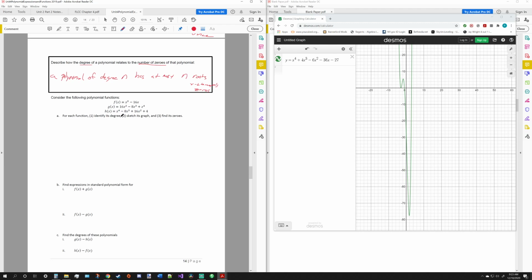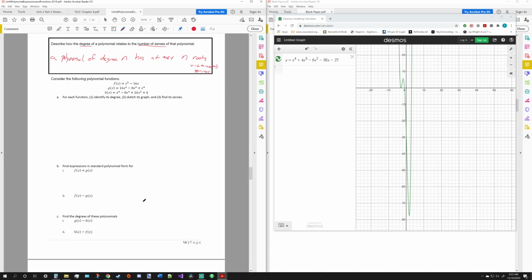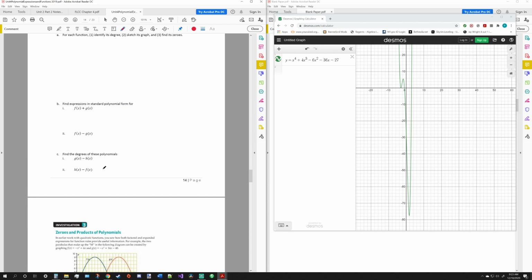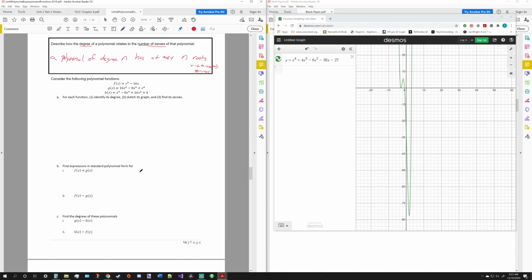All right, so using these same functions up here on these problems, as well as down here. All right, so let's go ahead and work through page 14. And you can pause now, and then when you guys are ready to check answers, you can unpause and I'll kind of work through it. All right.